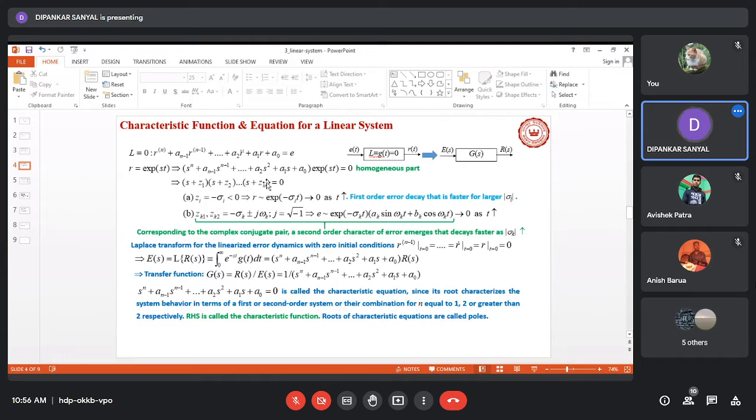This function we split in terms of a set of first order terms, and depending on the situation, all these z could be real, or maybe some z would be real, and there will be a number of complex conjugate pairs in this form.